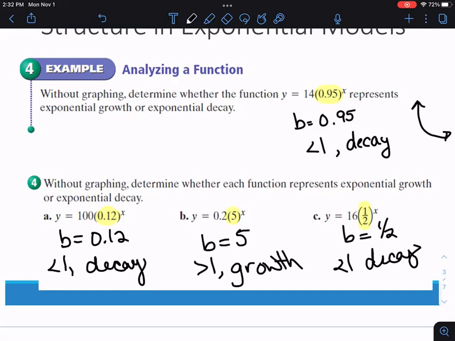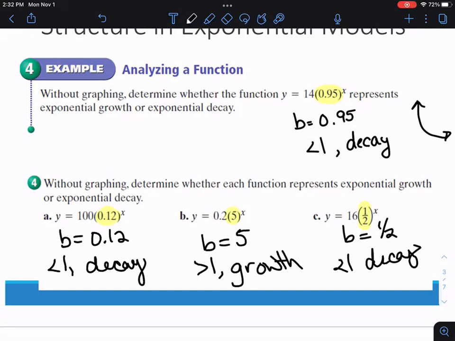Noticing whether these are growth or decay problems gives you the general shape of your final graph. The question on the final that relates to this is going to be multiple choice. All of your assignment today is multiple choice, picking the correct graph based off of an equation. There are a couple different things that you should know.